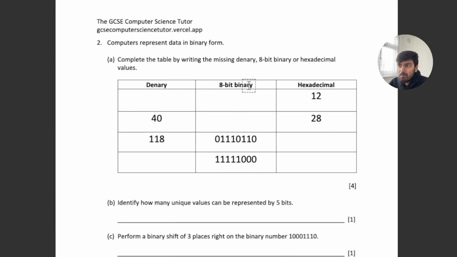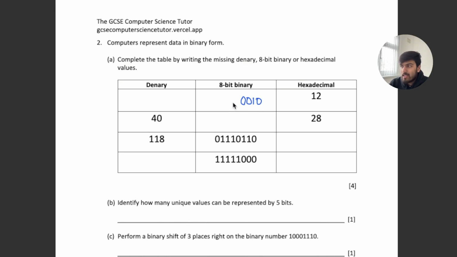We have a table and we basically need to fill it out for 4 marks. The first one: to convert from binary to hexadecimal, remember, we split the bits up. On the right, we're going to have the value 2, so that's 0, 1, 0, 0.